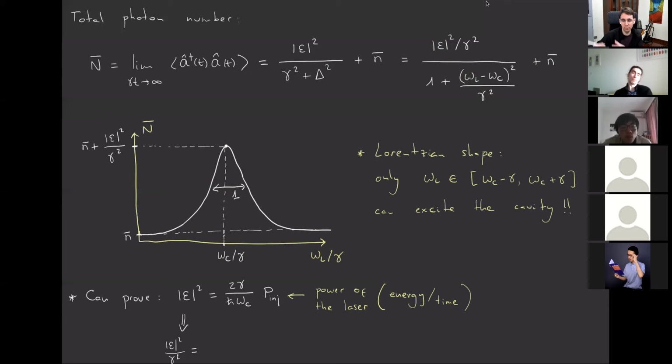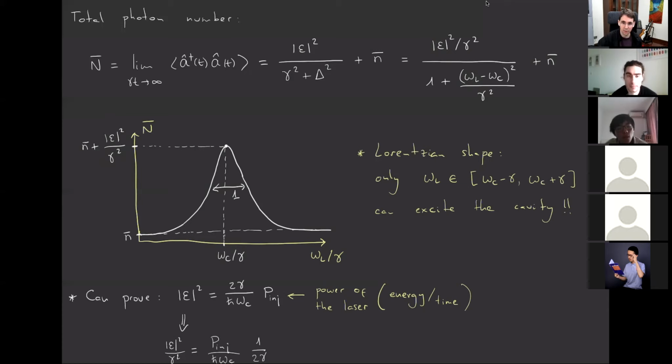So the number of photons that we are introducing inside the cavity can be written in this funny way. It is the power divided by h bar omega c, and then in here we get a 1/2 gamma.